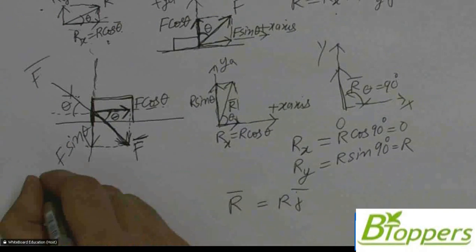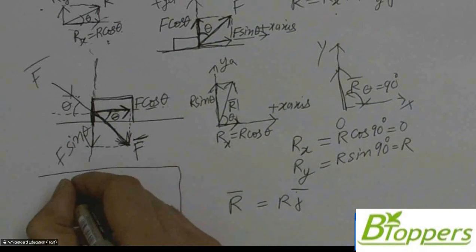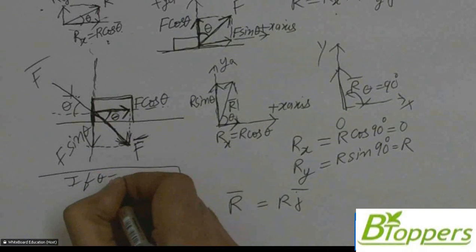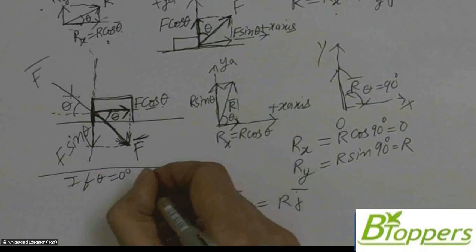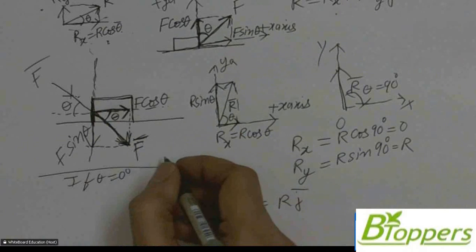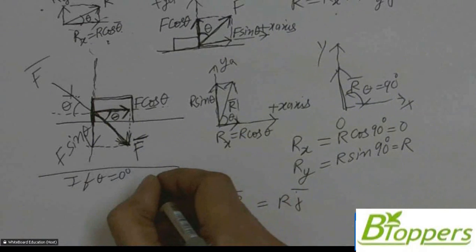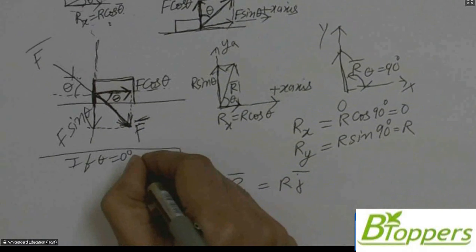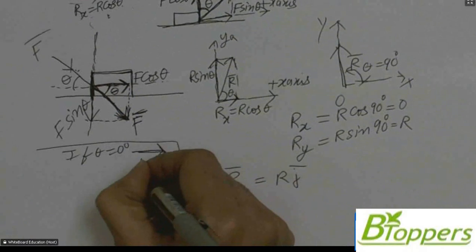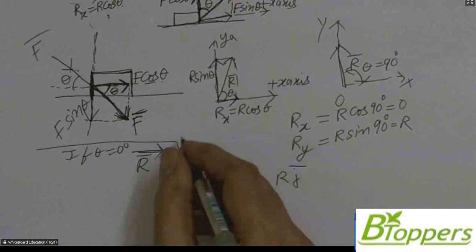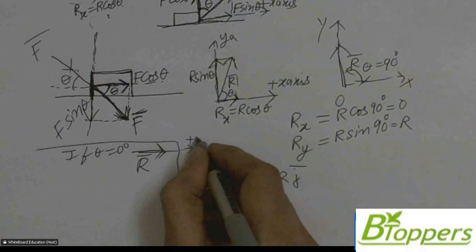Suppose theta is 0 degrees. I mean if the vector R bar acts along x-axis. If theta is 0 degrees, it means vector R bar acts along x-axis.